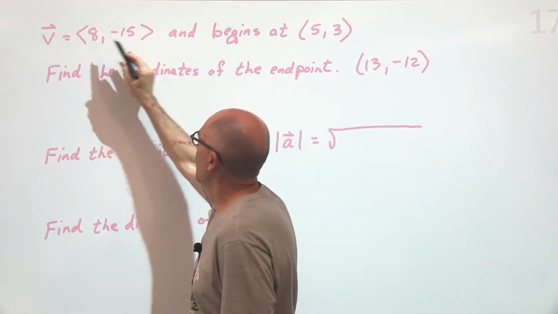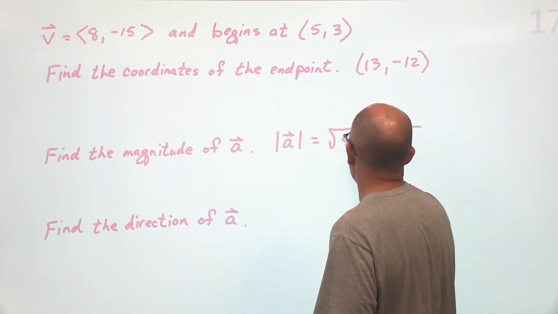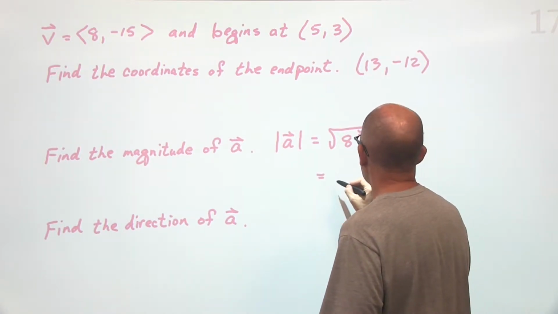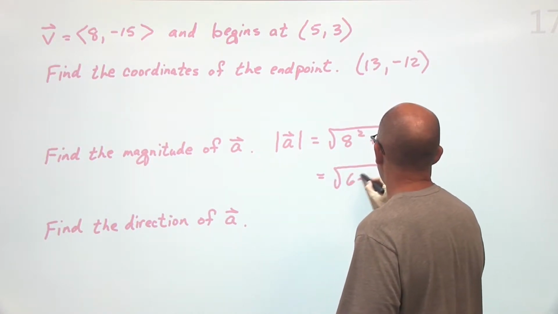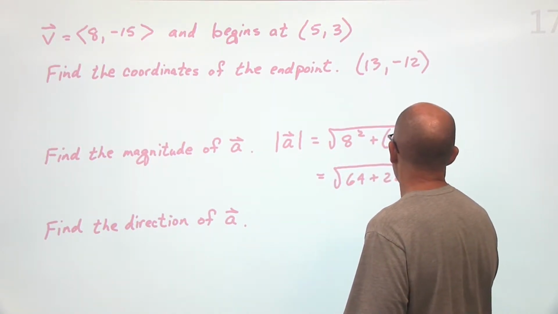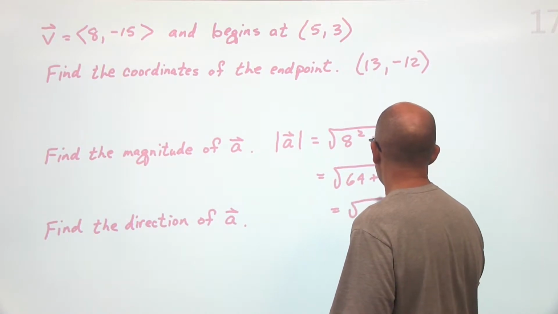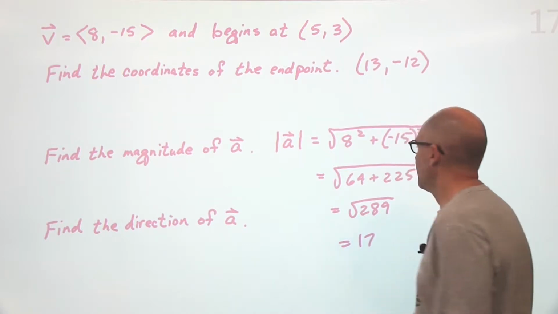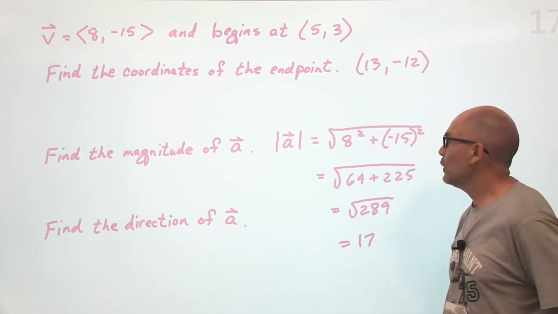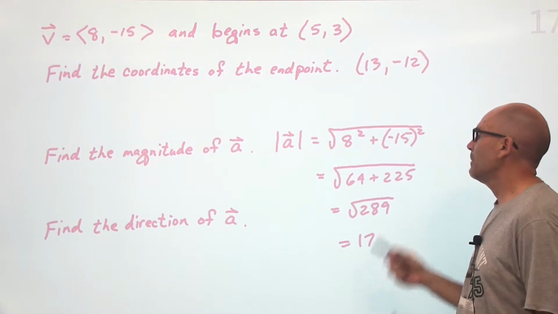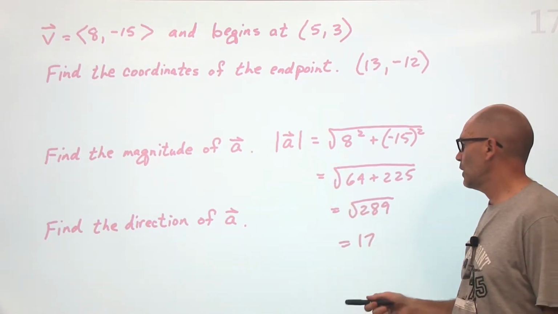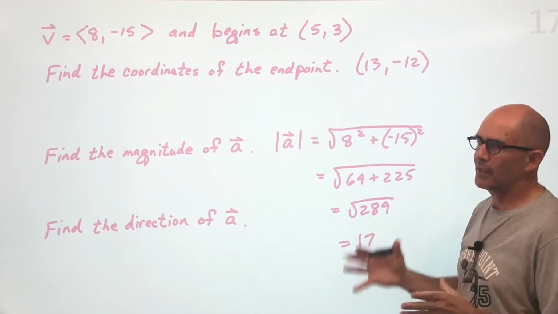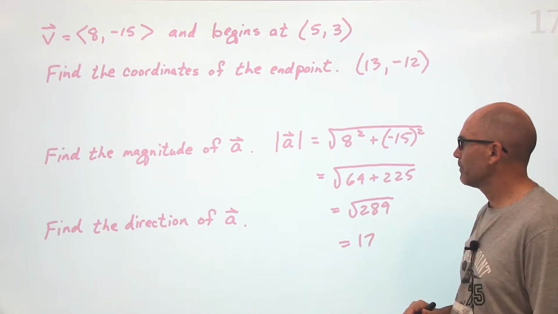So 8 squared plus negative 15 squared equals the square root of 64 plus 225, which equals the square root of 289, which equals 17. Bam! Now, notice the magnitude is always positive because it's an absolute value.